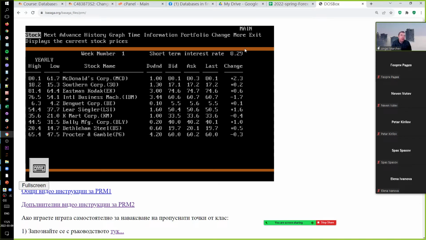Now, can you give me this answer? If the short-term interest rate is going higher, what happens generally, not particular to one or another stock price, but generally to all the prices in the market? If the short-term interest rate rises, what happens generally to the market? I would like to hear your answers here.